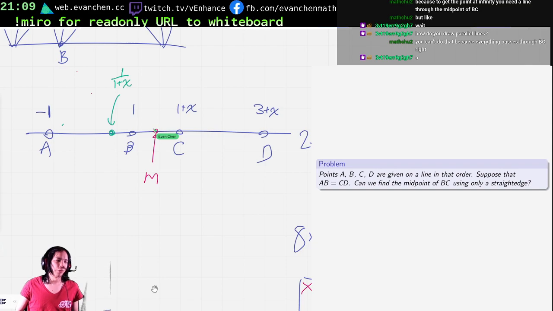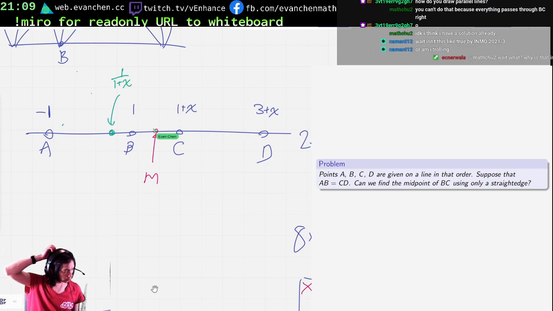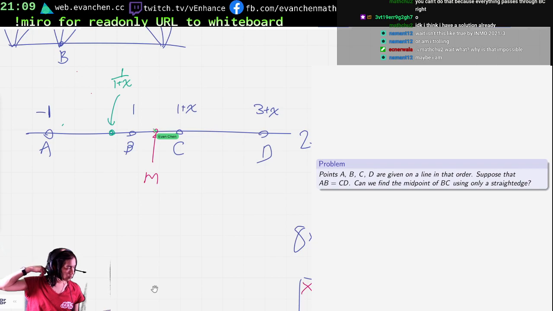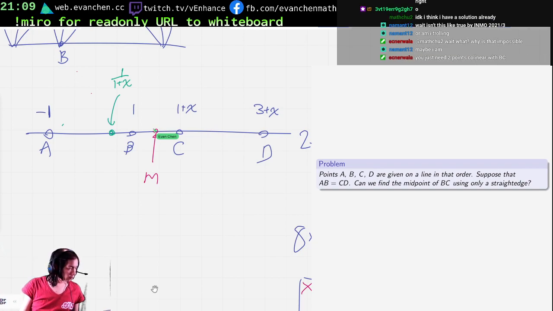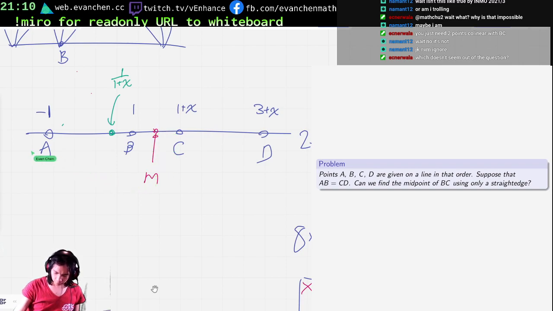I think it's more natural to think of this problem as construct any line parallel to it. Yeah, so this point is not especially interesting.